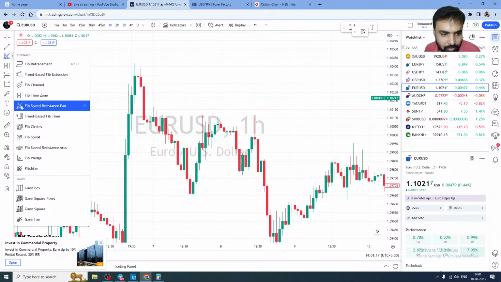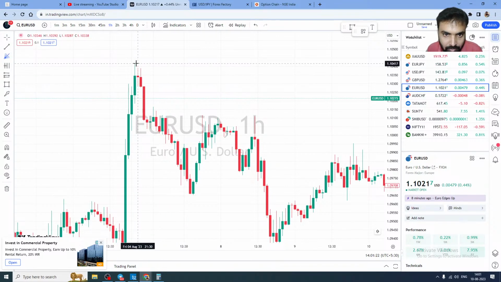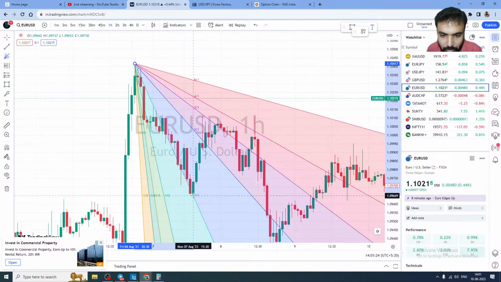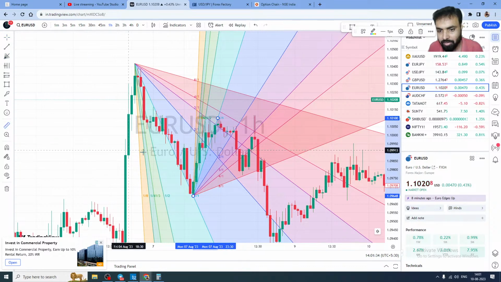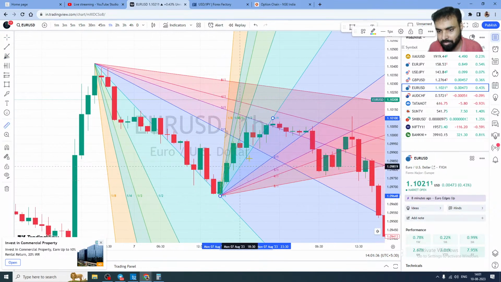It includes the Gann square also. Let's take a Gann fan. From swing low to swing high, swing high to swing low, then swing low to swing high. Now both fans are correlating somewhere. Both boxes are correlating somewhere.